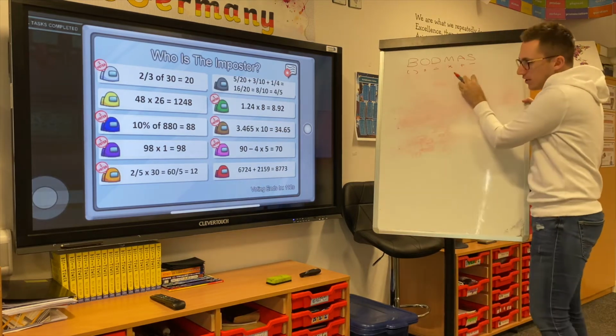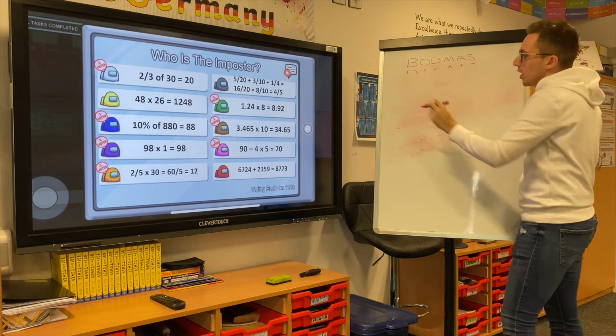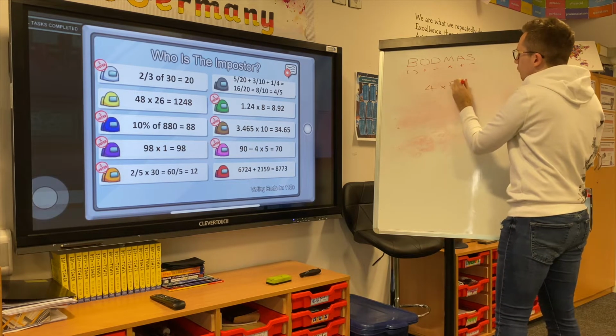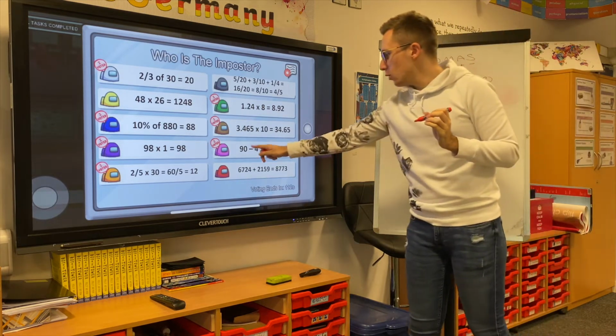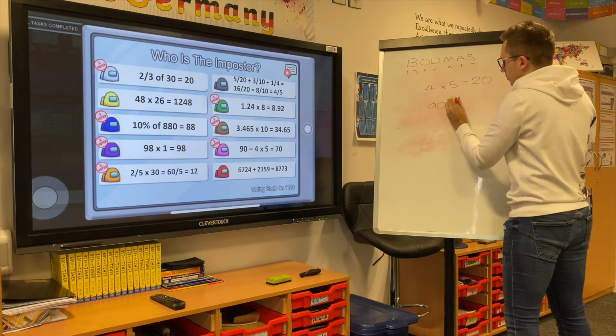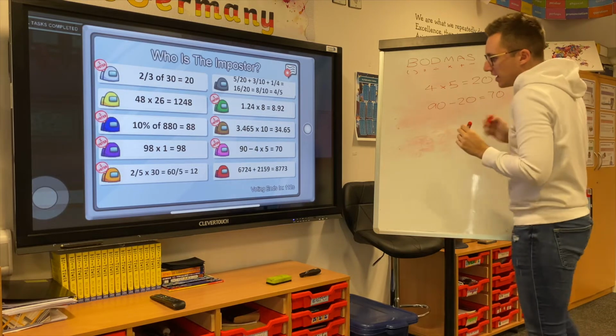So using this, we know we need to do the multiplication first. So 4 times 5 we need to do first. Well, 4 times 5 is 20. Now we do 90, take away 20, which is 70. So pink is correct.